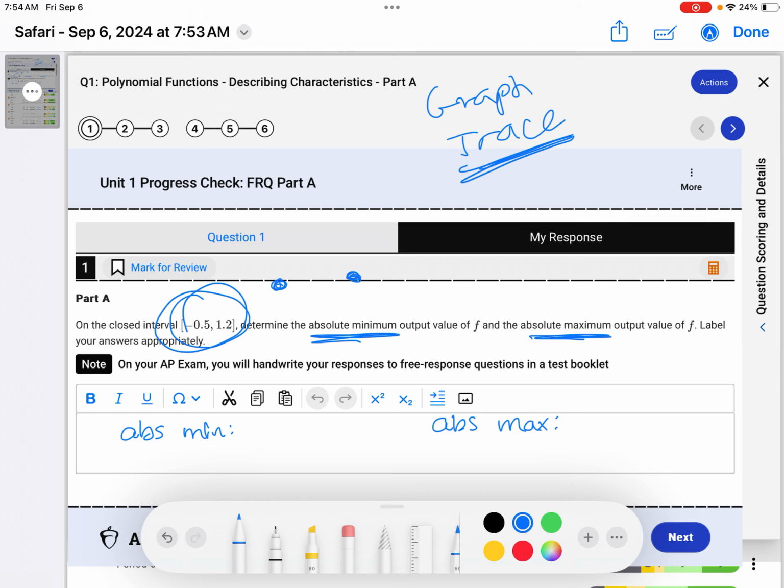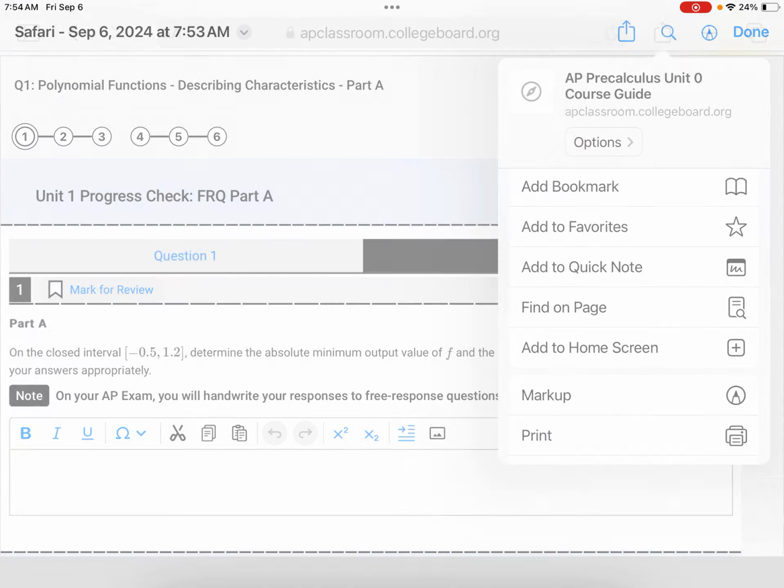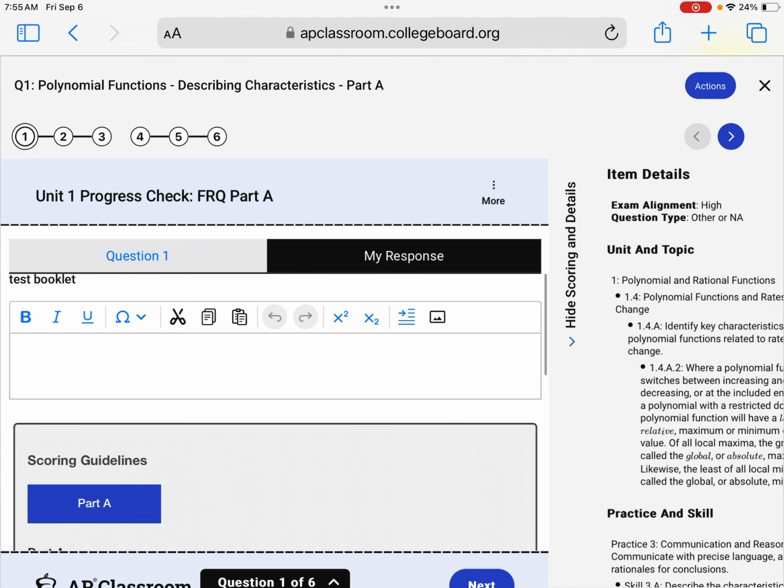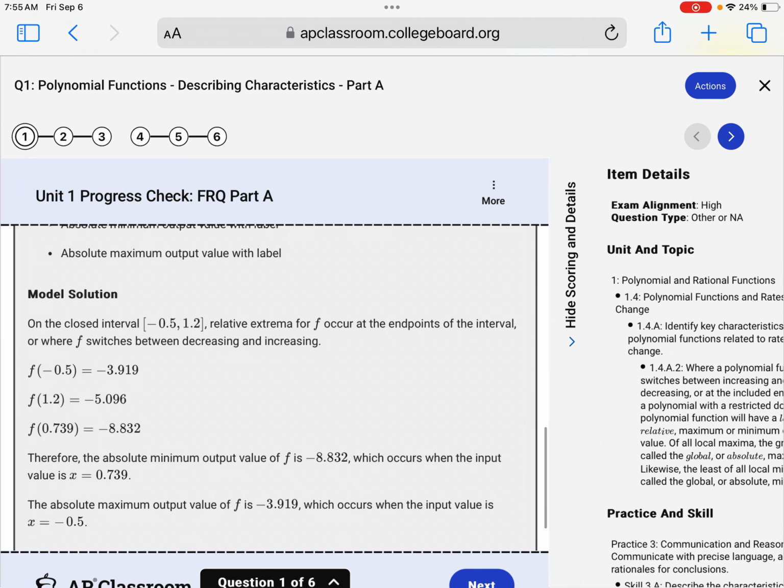Okay, it doesn't look like I'm going to be able to see it very well. So I'm just going to show the answers. And you guys have access to these answers.